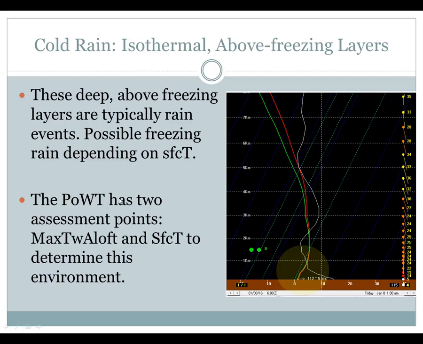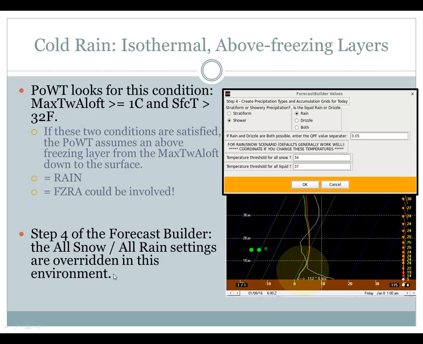So in these scenarios, the probability of weather type has 2 assessment points that you can edit. One is the max temperature aloft, or max wet bulb temperature aloft, and also the surface temperature. So the PoWT has these 2 points to assess that layer and try to determine that environment.